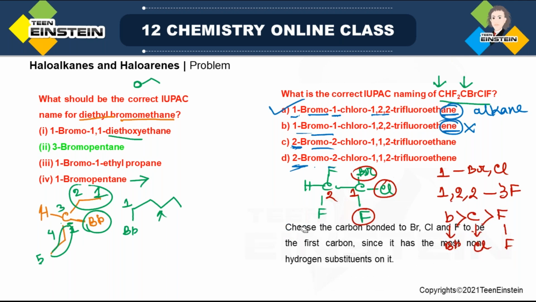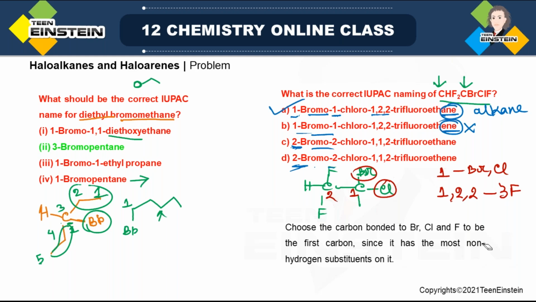So here the reason is also mentioned. Choose the carbon bonded to Br, Cl, F, that is the right-hand side carbon, to be the first carbon, because it has the most non-hydrogen substituents on it. So it is not just for halogens.